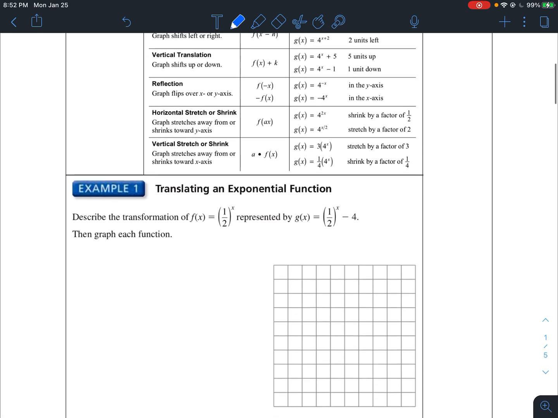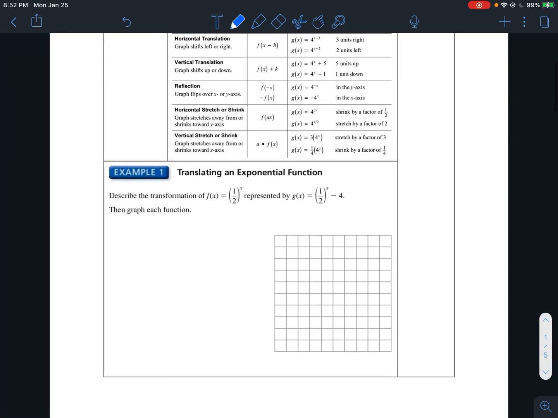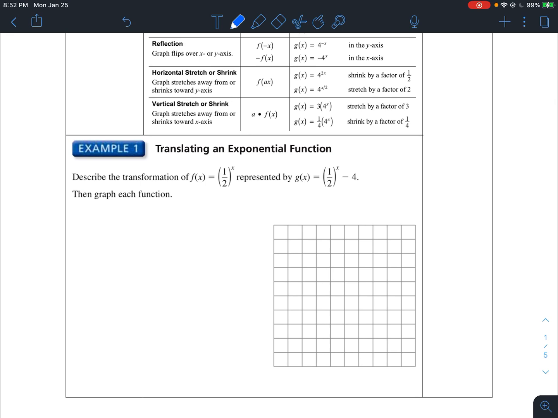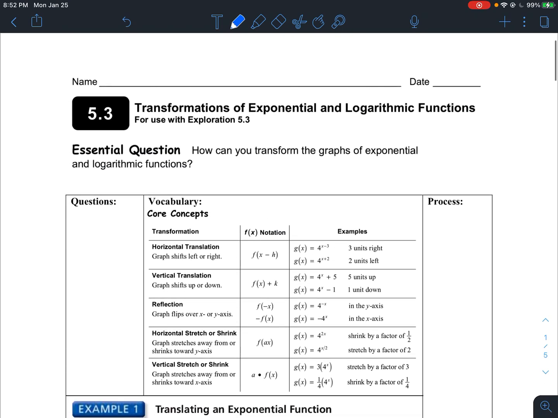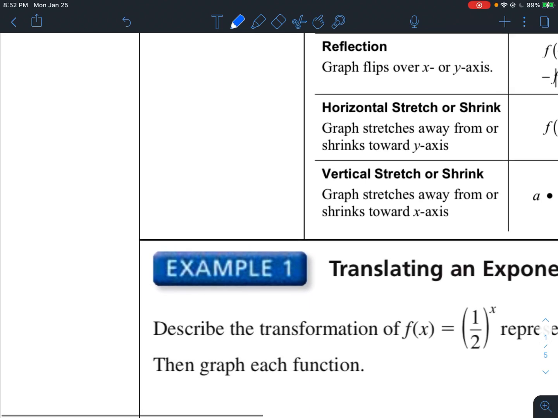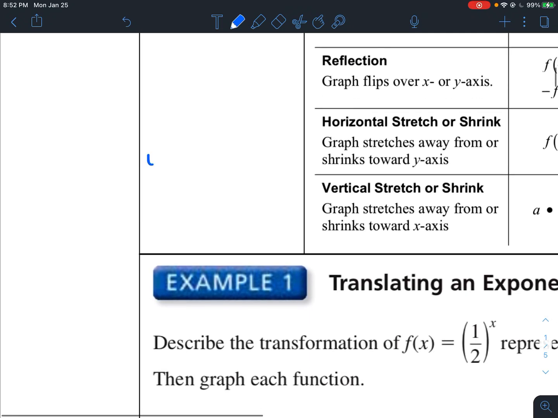So if we come down here to example 1, well, I guess before we get into that, we need to make sure that we understand what an exponential function is. So the parent function of an exponential function is y is equal to b to the x power.